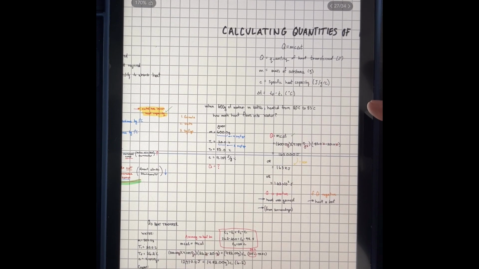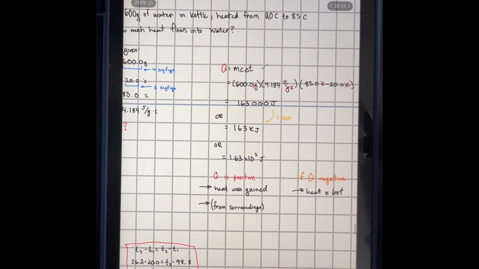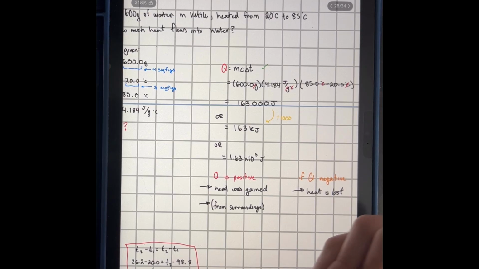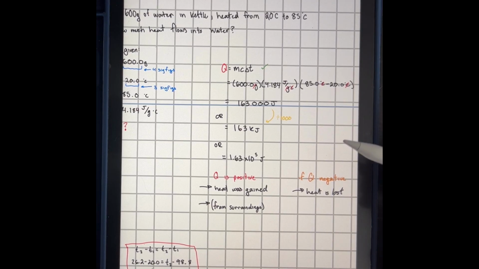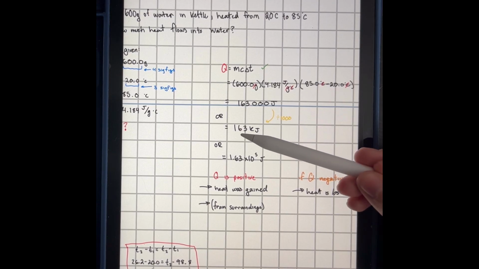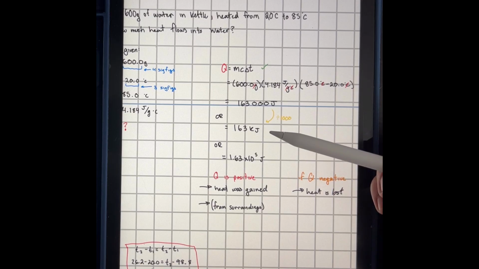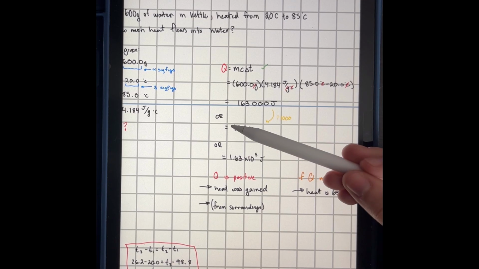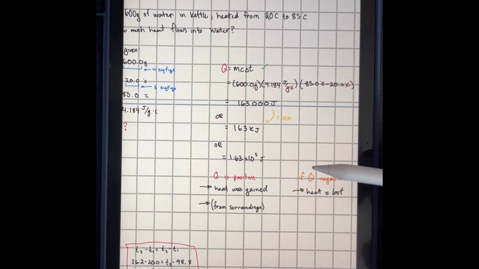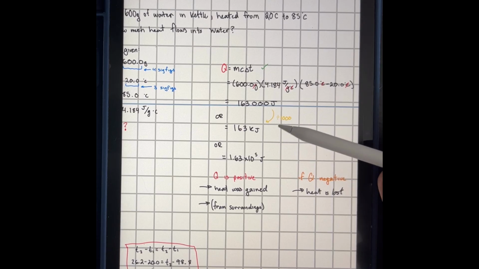Yeah, so from this example, we have 163 kilojoules. This means that heat is positive, like heat was gained from the surroundings. So it's an endothermic reaction because the system itself is positive.